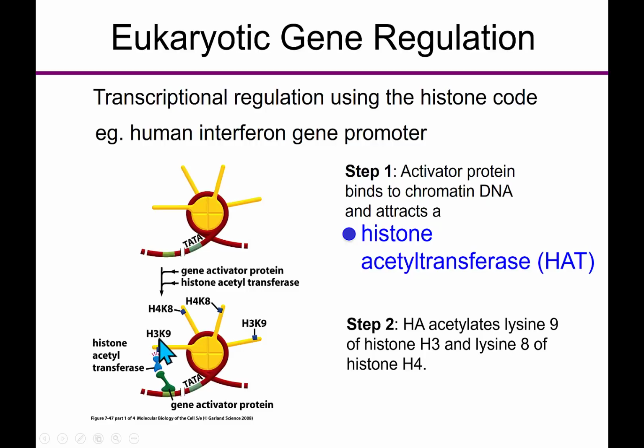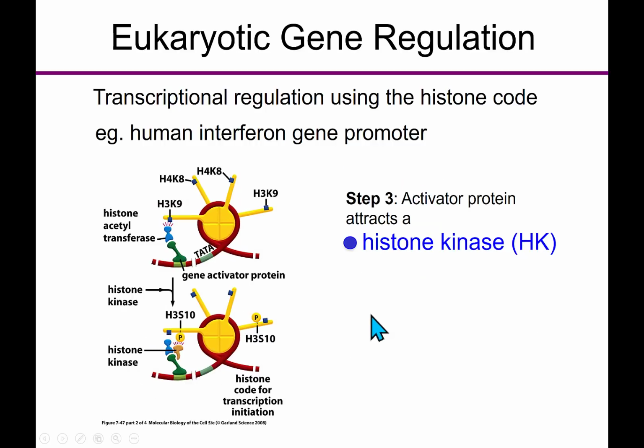Notice the symbols here. Know the symbols. H3K9, histone 3 lysine 9. You add the acetyl group. You add it to the other histone 3 lysine 9, right? The other tail over here. You add it to the histone 4 lysine 8, H4K8, you add it to the other one. So step 2 is now complete. You can proceed to step 3.